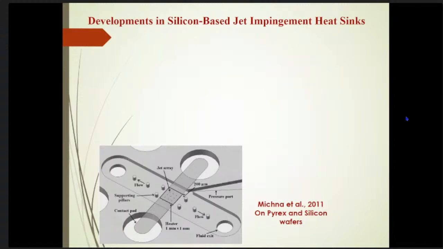So how can we overcome that? Instead of making the inlet and outlet laterally, which generates the temperature gradient in the direction of the flow, to minimize that gradient we can make a multiple impingement of the fluid, a kind of spray or jet on the chip surface, and that can reduce the non-uniformity of the chip surface.